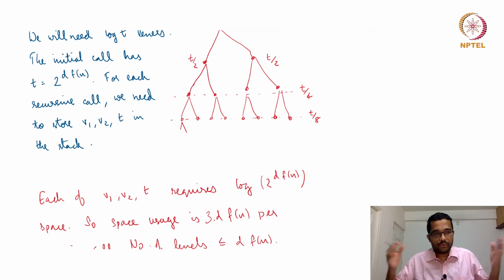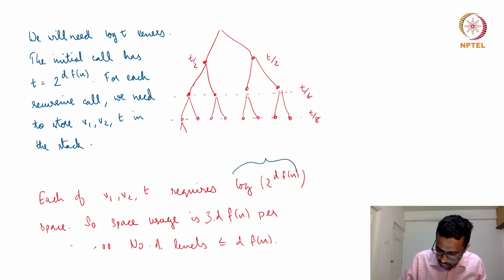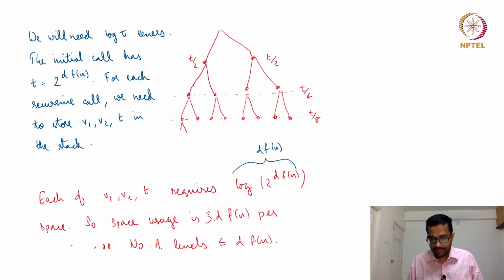So to store a number of size 100, we need a space of log 100, which is about 7, right? So if there are 1000 vertices, we need a bit string of length around 10, right? So if 2 power dfn vertices, we need log 2 power dfn. So log of 2 power something is simply d times fn, right? D times fn, because log and 2 power cancel.